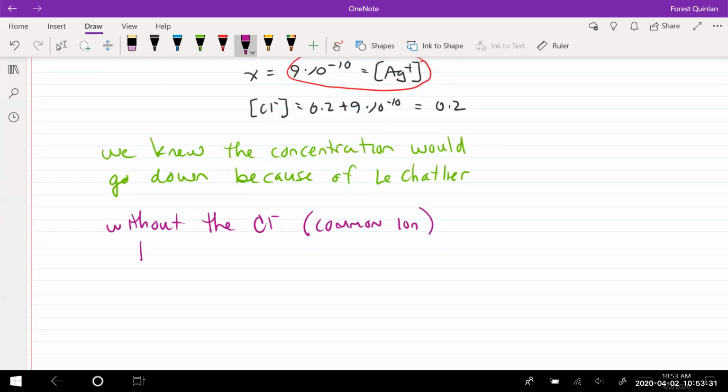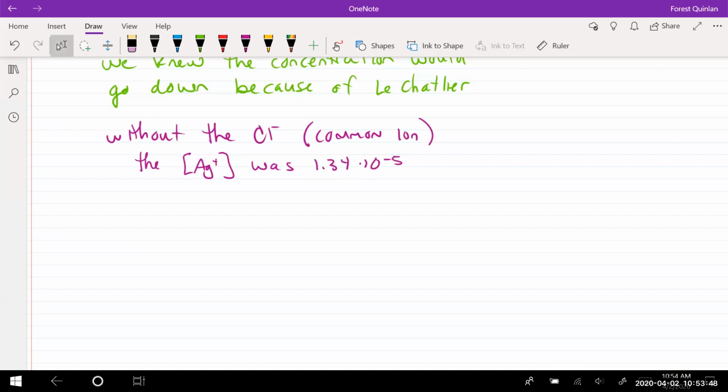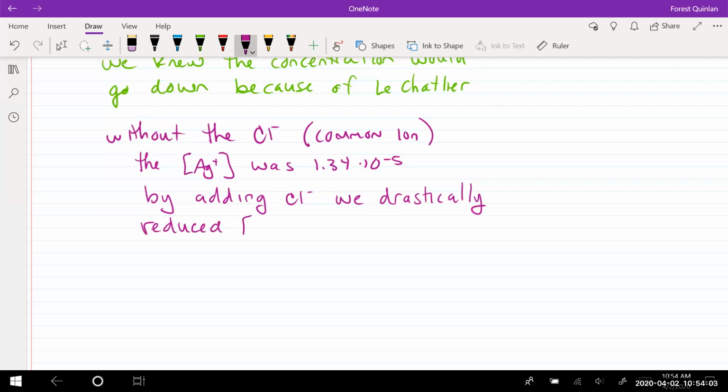Without the Cl minus, the concentration of Ag plus was 1.34 times 10 to the minus 5. By adding the Cl minus, we've drastically reduced the concentration of silver ions.